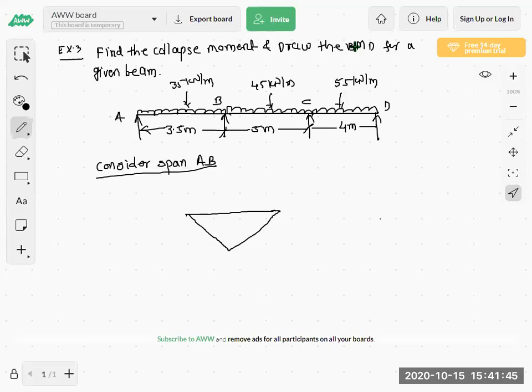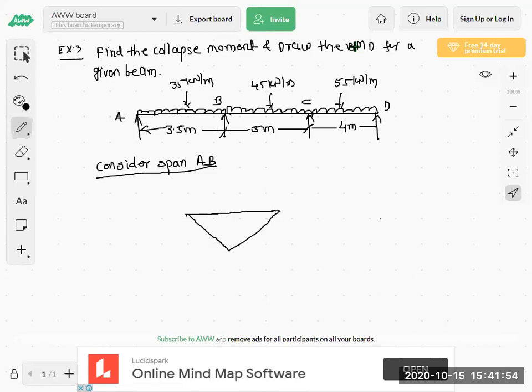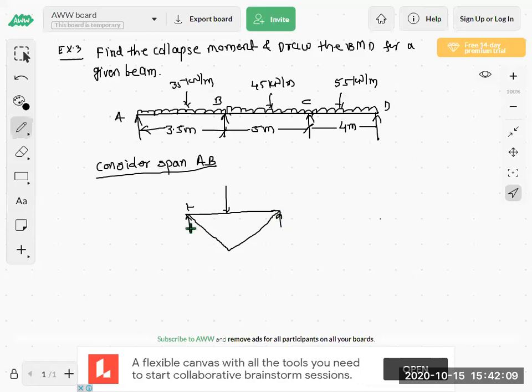No. Sonali, you have given me an answer, but it is not 0.586 L from A. Actually, it will be 0.414 L from A. I have written: from the end support. This is the continuous support and this is the end support.